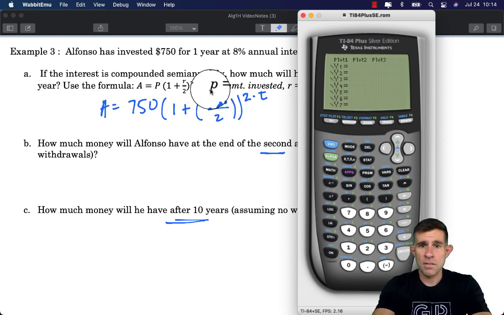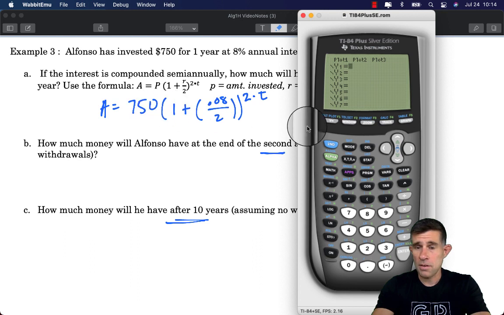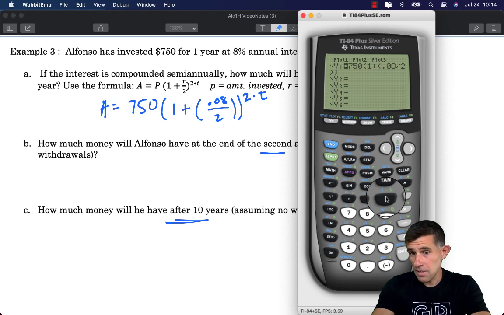Now, this sequence is really just a formula or an equation that we're going to enter into our y1 line. So we're going to start off by entering our initial amount that we've invested, open up a set of parentheses there, and now we're going to do 1 plus, and we're going to have another set of parentheses, 0.08, divide that by 2, close your parentheses again, and now we have to do a little exponent.